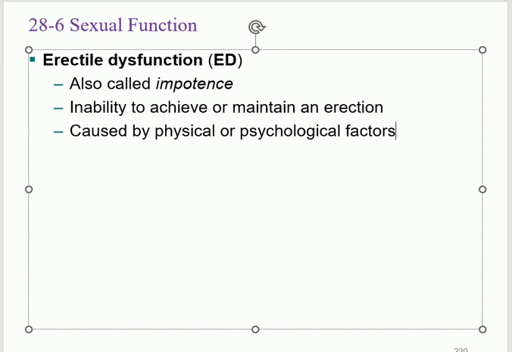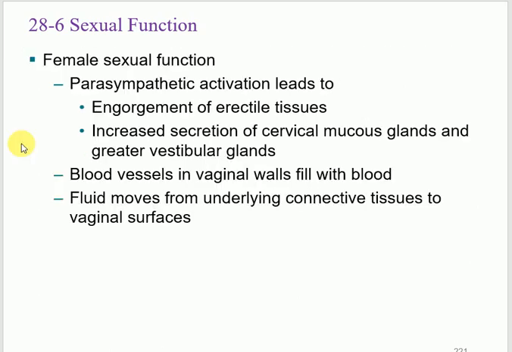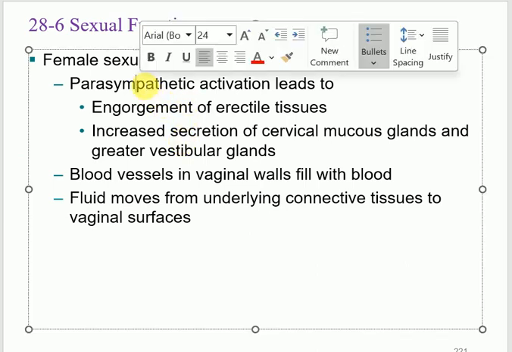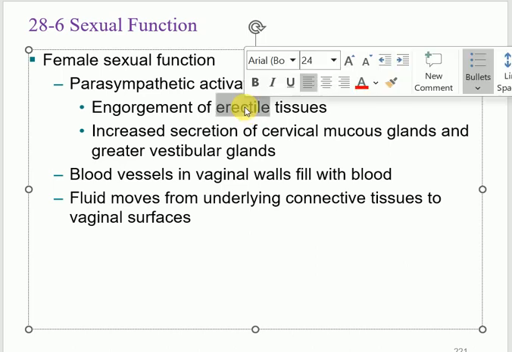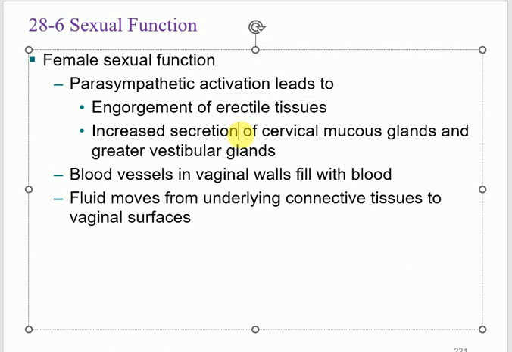For the females, it's basically the same thing. Sexual excitation starts with parasympathetic as well, and this will also lead to engorgement, which is something similar to erection. There are erectile tissues in females as well. It's not the same, but it's also the same idea. Blood supply increases in these erectile tissues, the same way.